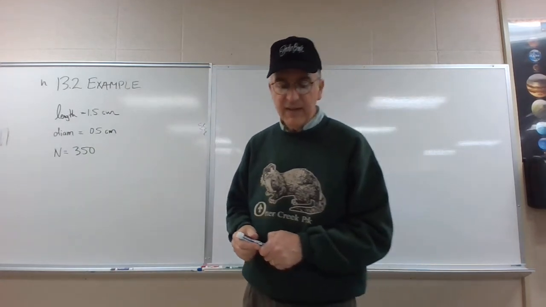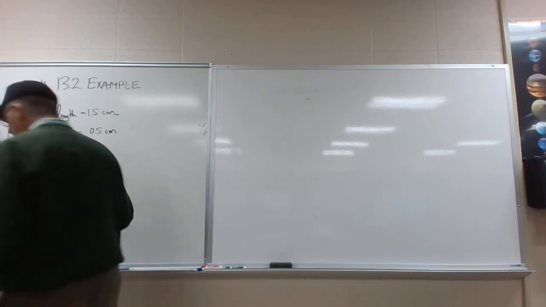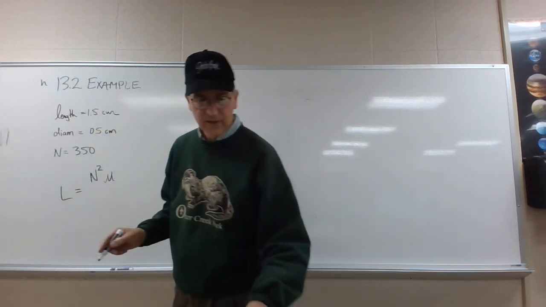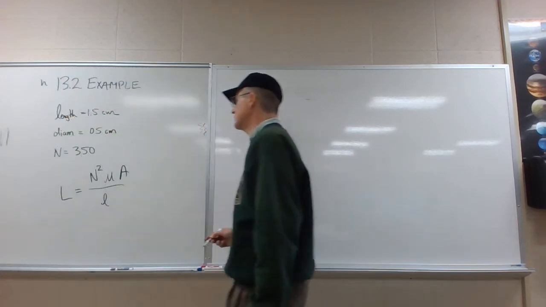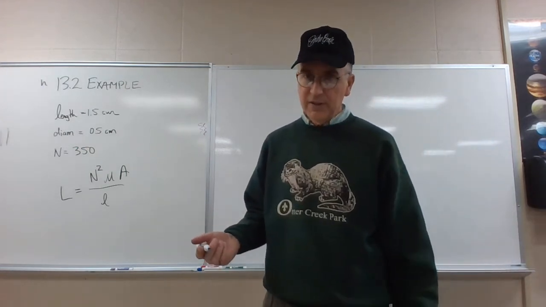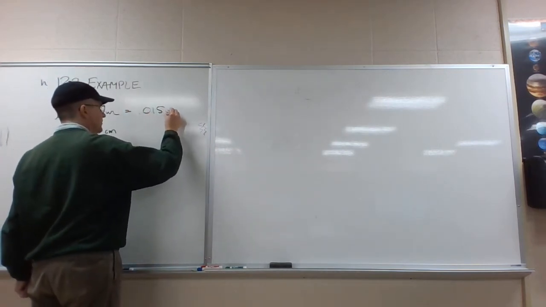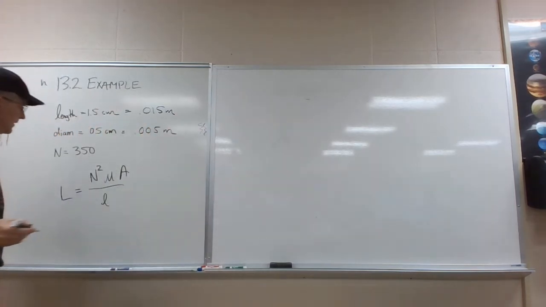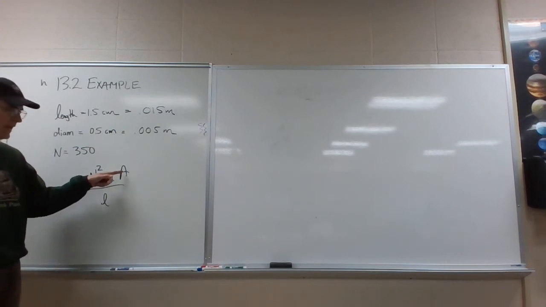Now, the inductance formula is L equals number of turns squared times mu times the area divided by the length. First thing I'm going to do is turn these all into metric meter units. So this is 0.015 meters. This is 0.005 meters. So I got the N, I got the little l already. The area is what I need to find.